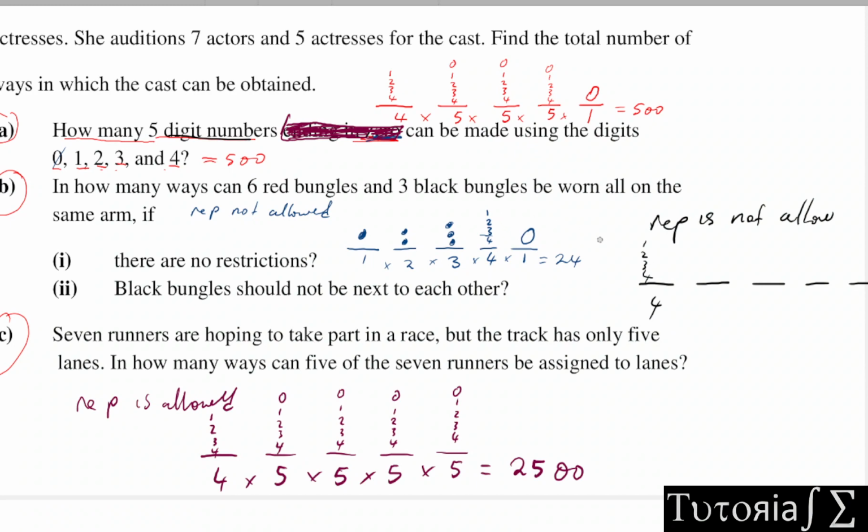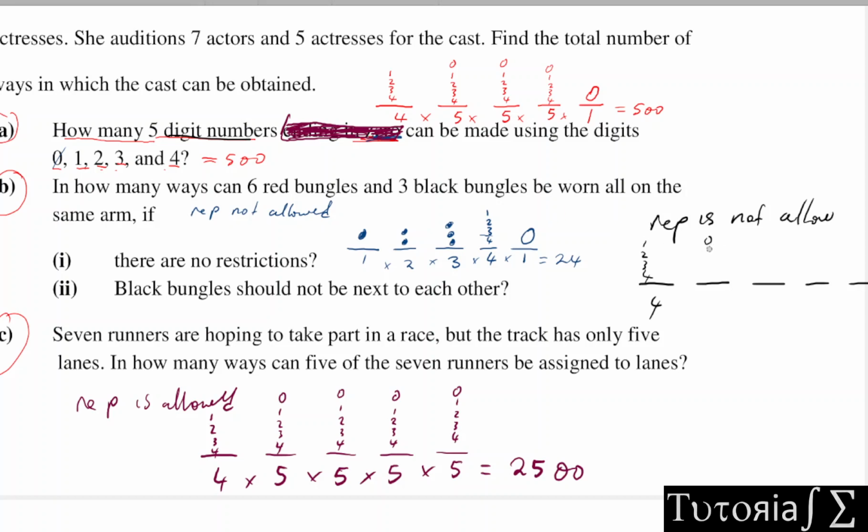Okay. Now for the second slot, we can have either 0, 1, 2, 3 if 4 was put on the first spot, or we can have 0, 1, 2, 4 if 3 was put on the first slot. So we can only have 4 numbers here. So I'll just put circles here. We can have 4 numbers from the 5.